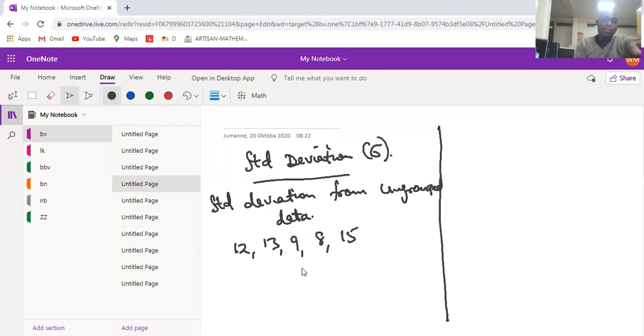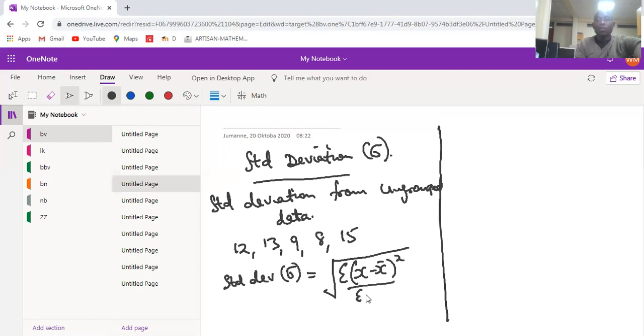If the data is ungrouped, the standard deviation is normally given by the square root of the summation of (x minus x bar) squared over n. This is how we normally do it.